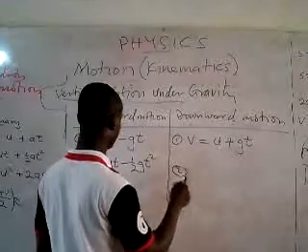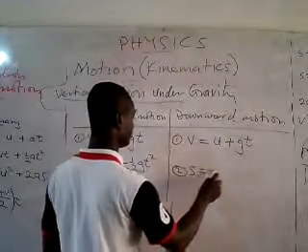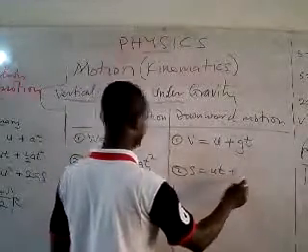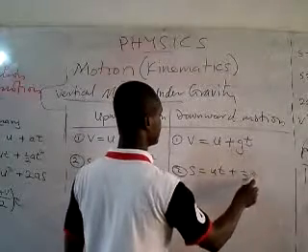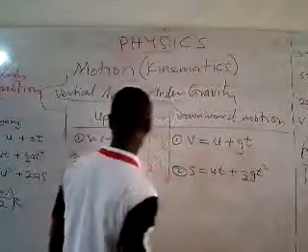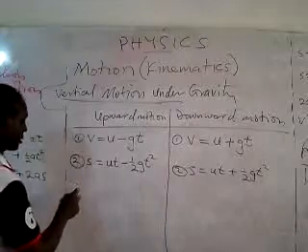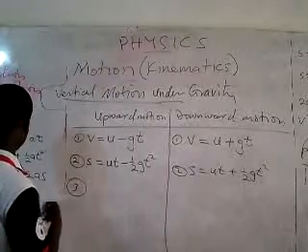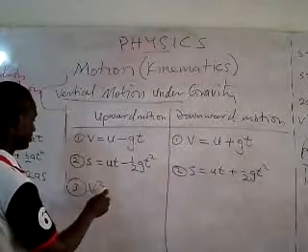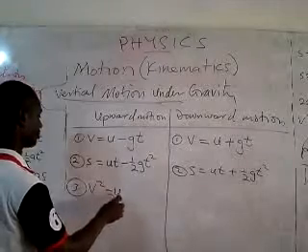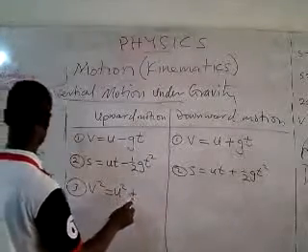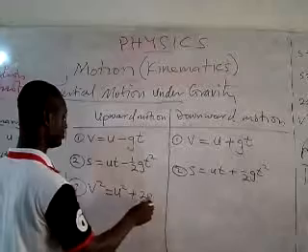And for downward, S will be equal to UT plus half GT squared. Then the third one, which also involves acceleration, V squared equals U squared plus 2GS.